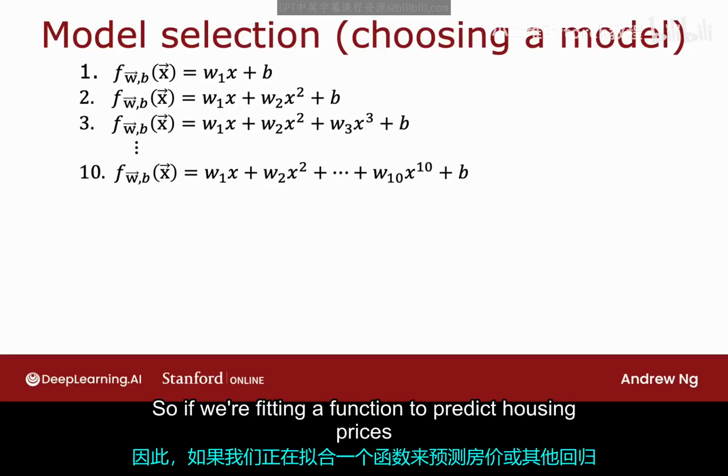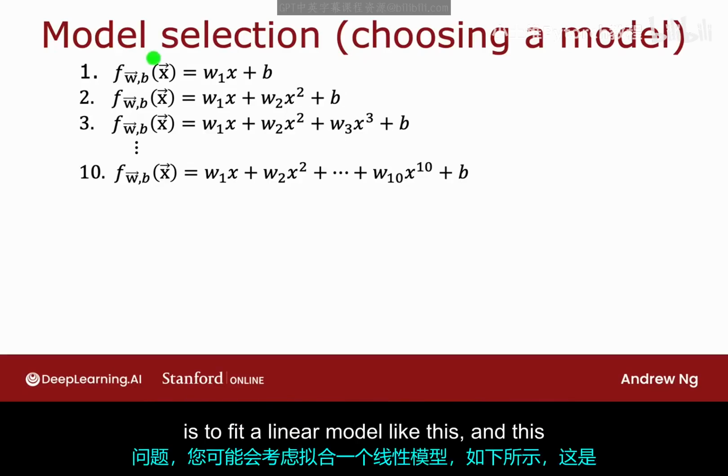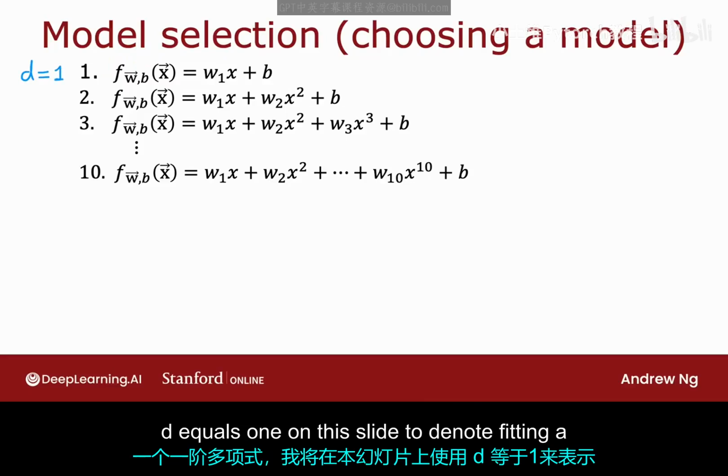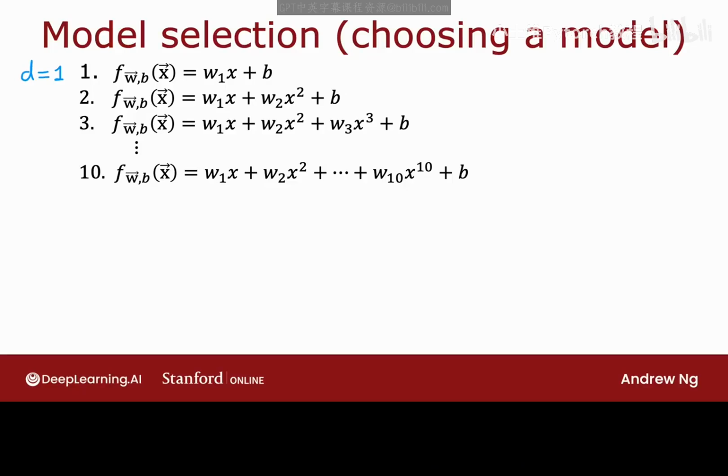So if you're fitting a function to predict housing prices or some other regression problem, one model you might consider is to fit a linear model like this. And this is a first order polynomial, and I'm going to use d equals 1 on this slide to denote fitting a first order polynomial.